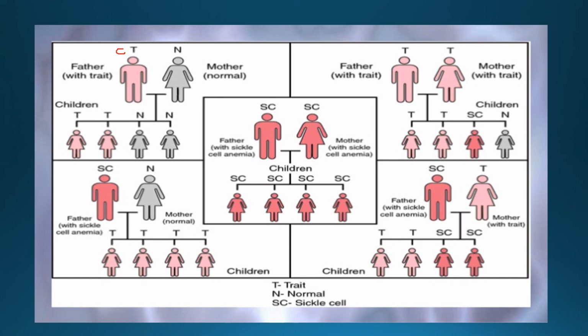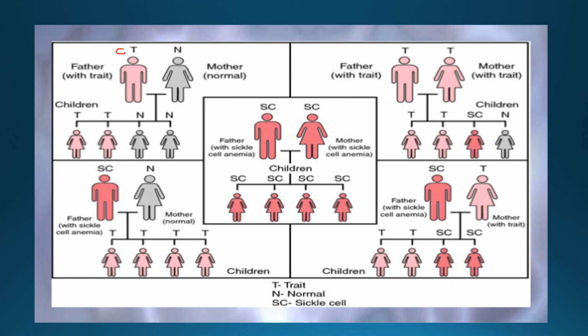In the other case, both mother and father are carriers: one individual will be affected, one individual will be normal, and the rest 50% will be carriers. If the father is suffering from sickle cell anemia and the mother is a carrier, then 50% of the offspring are affected and the other 50% are carriers.